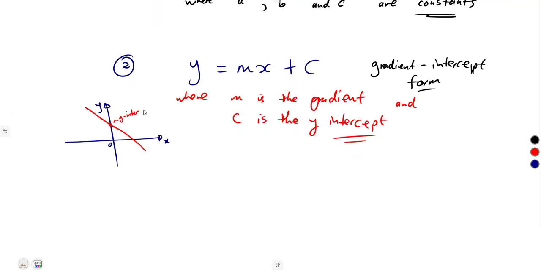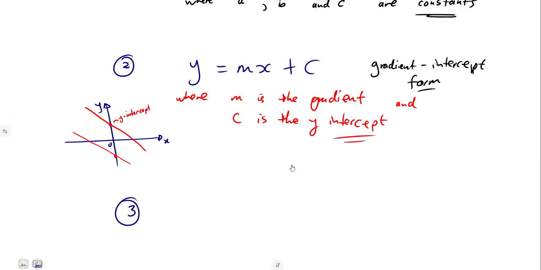So that's the c that we are seeing, and m is the gradient, which is the steepness of the slope. We're going to talk about that later on in terms of the gradient, as we go through the playlist up to the end of the videos so that you understand everything on your functional graphs.